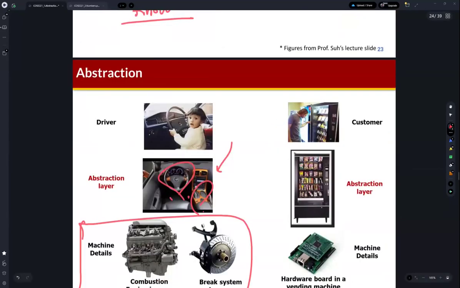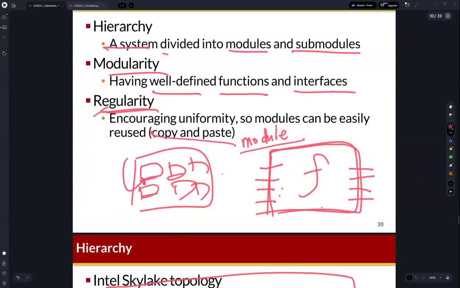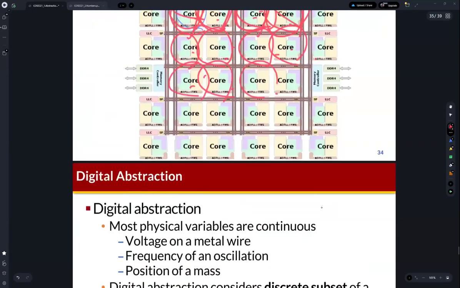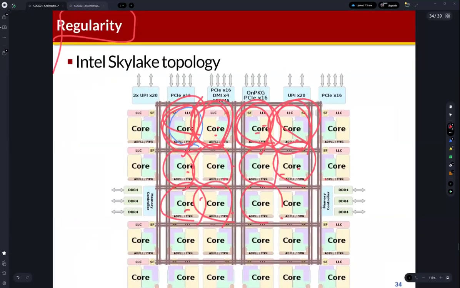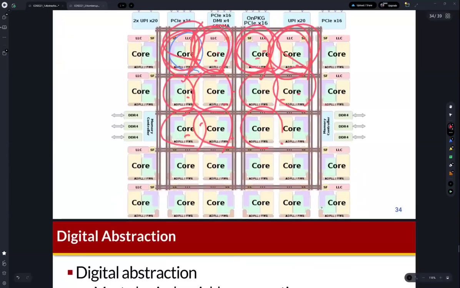Actually, it's also the same in the real world. If you want to understand some complex systems like social systems and others, you can apply similar approaches: abstraction, discipline, and the three Ys, hierarchy, modularity, and regularity. That's how we can design a complex system.